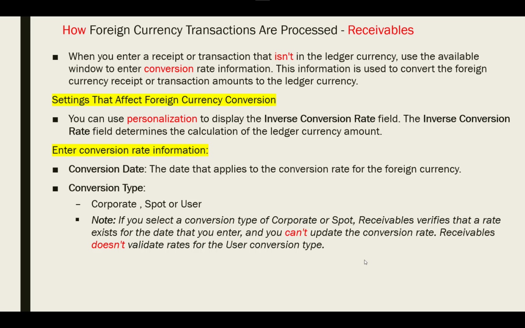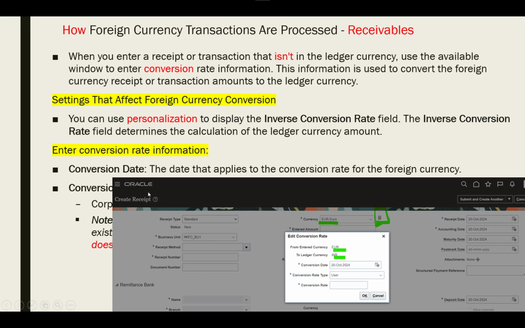Receivables doesn't validate rates for the user conversion type, because user means the user will enter the rate while creating or registering transactions. As you see here, for create receipts, if you enter a currency different than the ledger currency, it will give you this calculator-like option. Just click on it and it will let you edit the conversion rate.